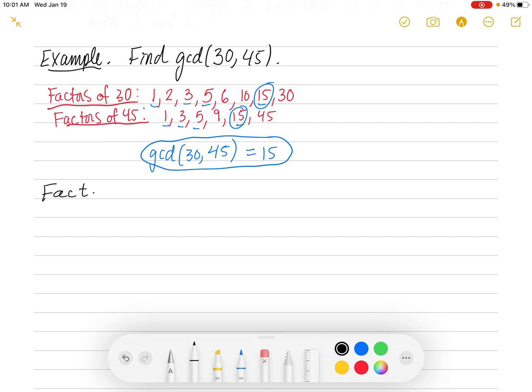Now, if you can do a prime power factorization, there's a much more efficient way of doing that.